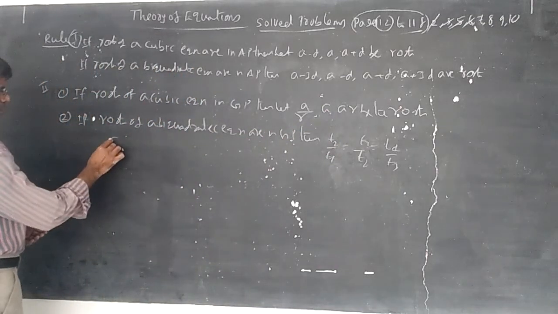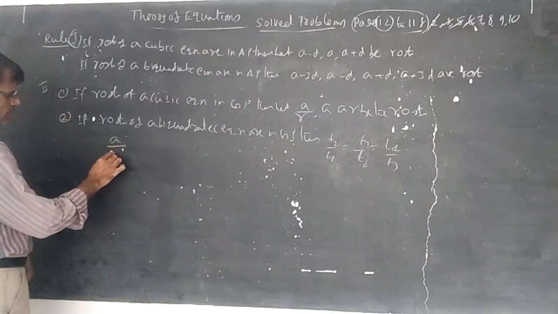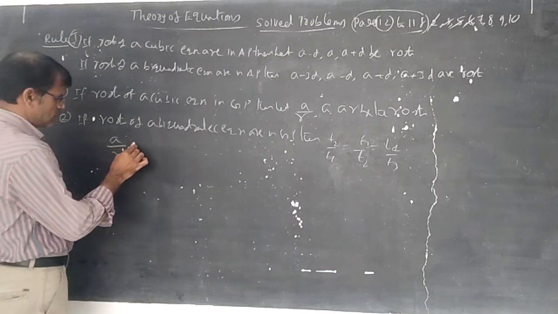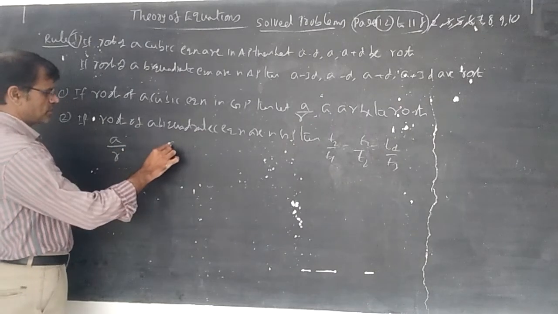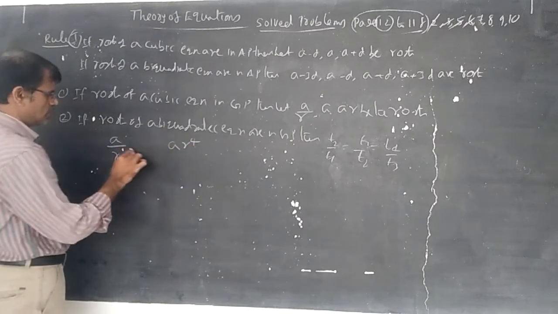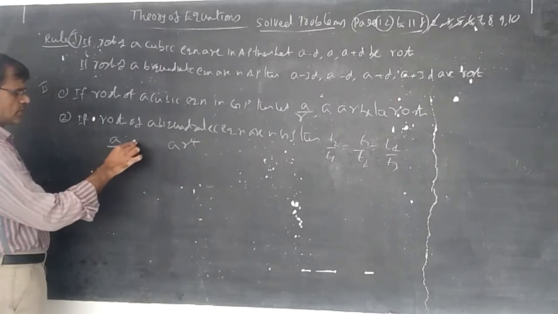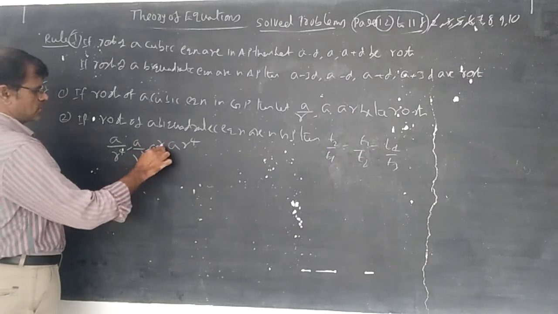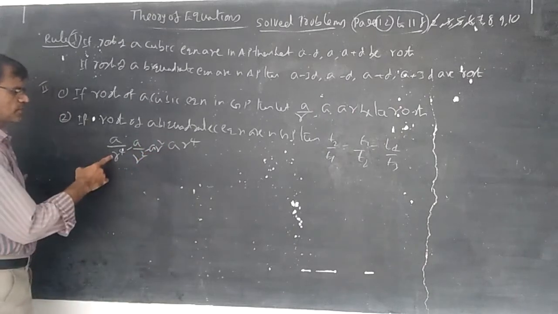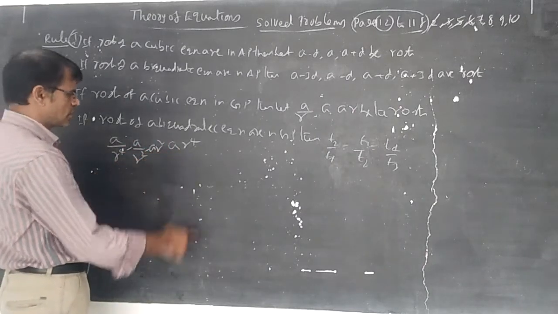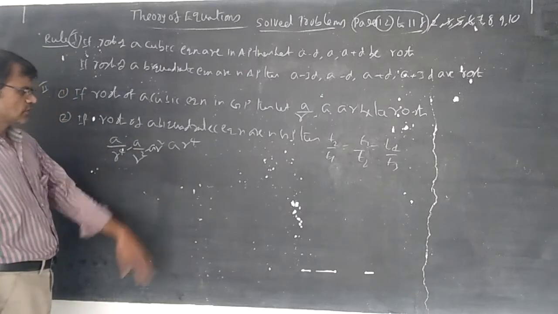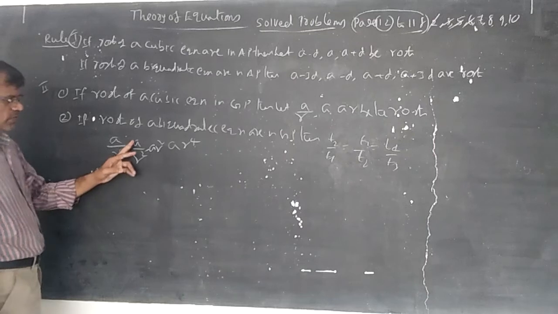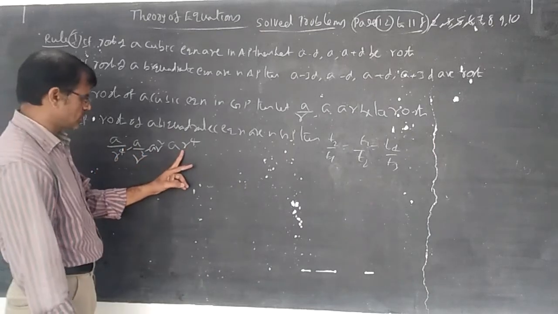Now let us think a by r power 4 and the last term ar power 4, and the middle term it is a by r power 4 and it is r square. Yes, it is correct. A by r power 4, a by r square, ar power 4. This and this total will be getting cancelled.